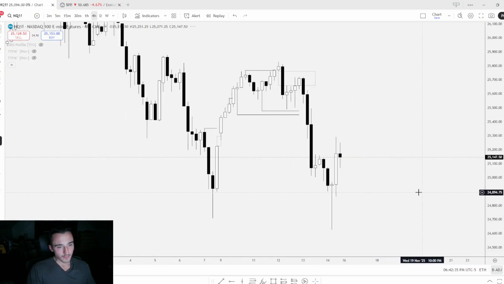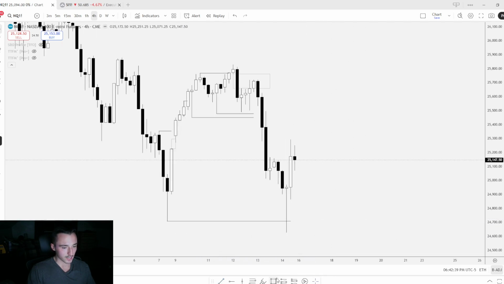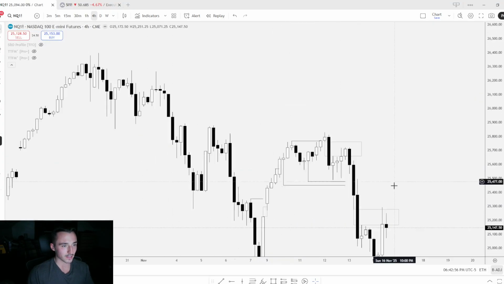So if we take a look here, what do we do here? Well, we take external range liquidity, so what do we return to? Internal liquidity, right? So you guys see how this is working. It's literally just how you can understand simply how the markets move from external to internal, right?